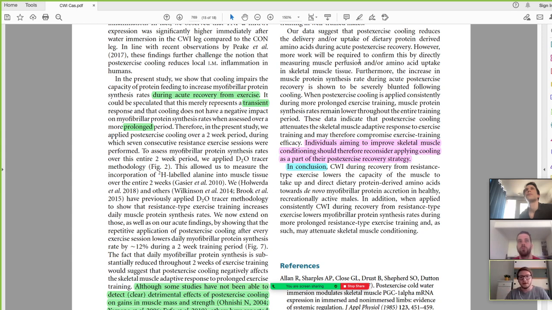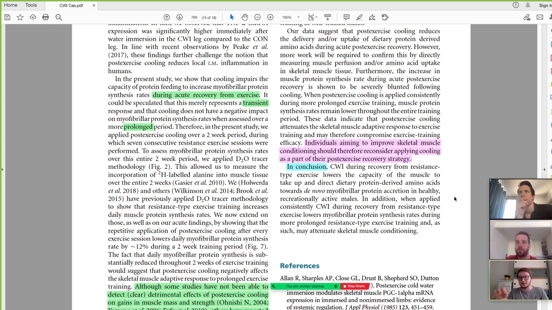There is some work showing that blood flow just in the arteries is lower with cooling. But that's only a small part of what's going on. It's basically just the blood supply to a muscle. But then the muscle itself is a different picture, so how the blood flows through the muscles.